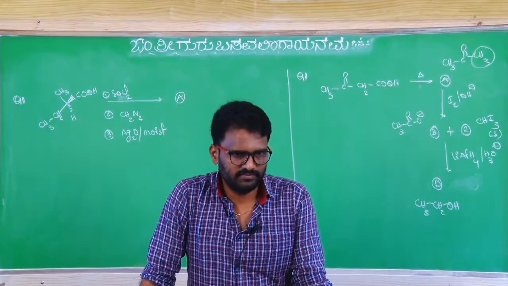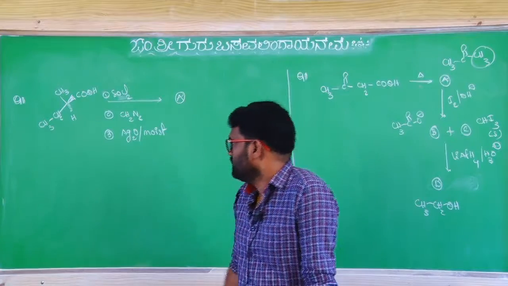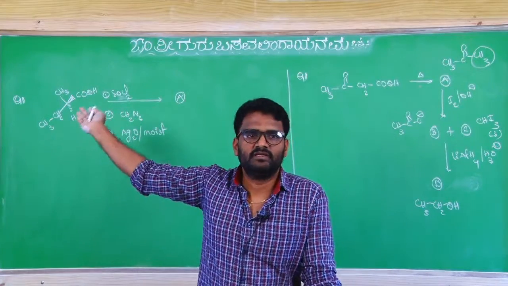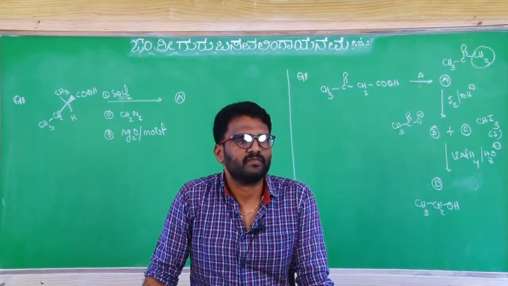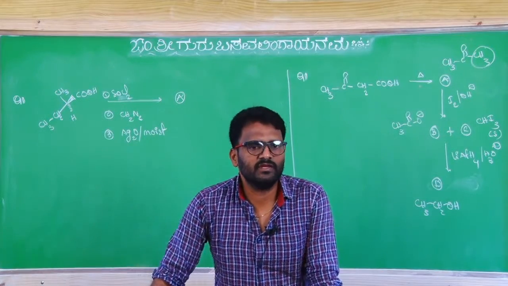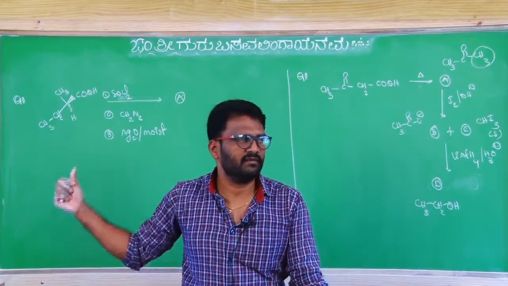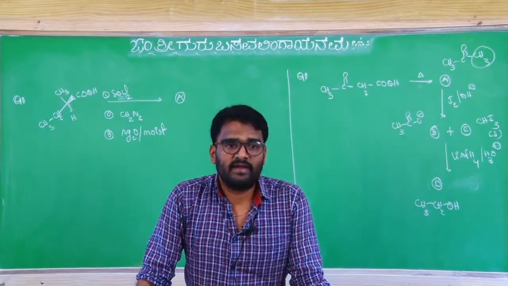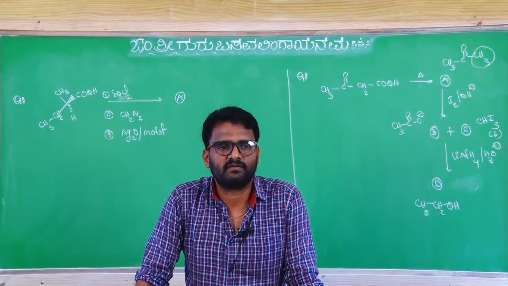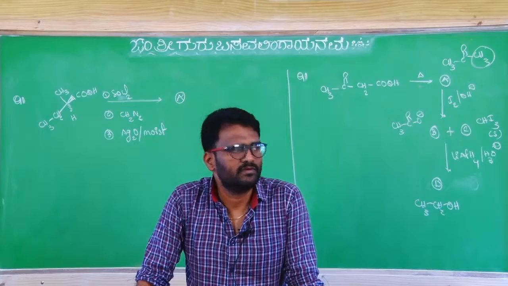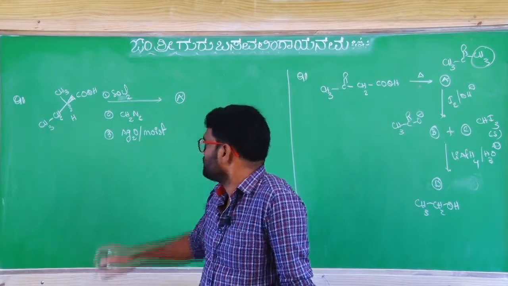What is the product A? We have an asymmetric center. With respect to the asymmetric center, is there any change or not? You know the reaction, it is there in the alkyl halide topic and alcohol also. So what is the product?